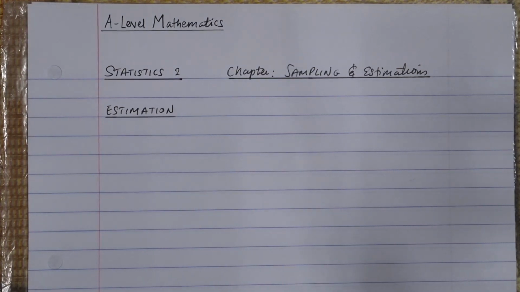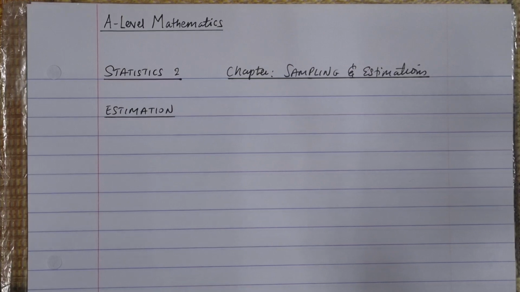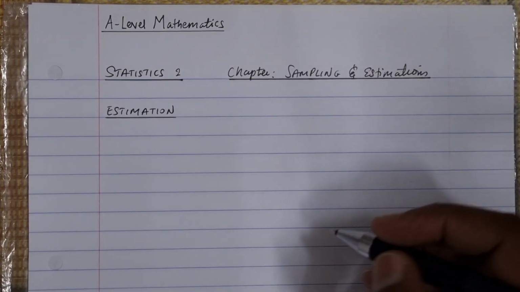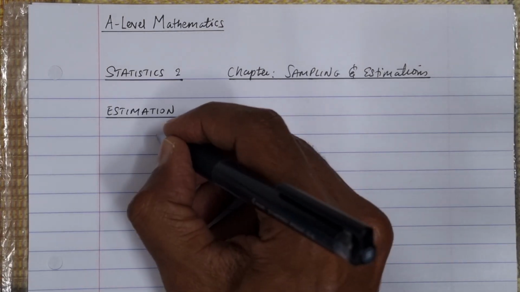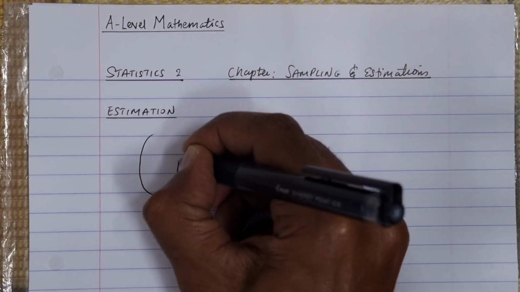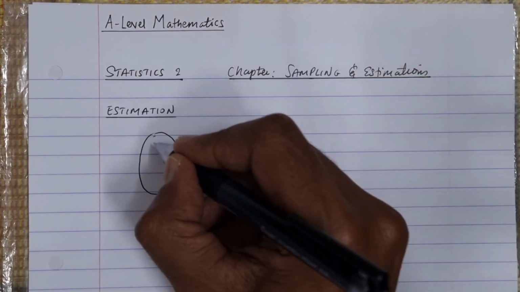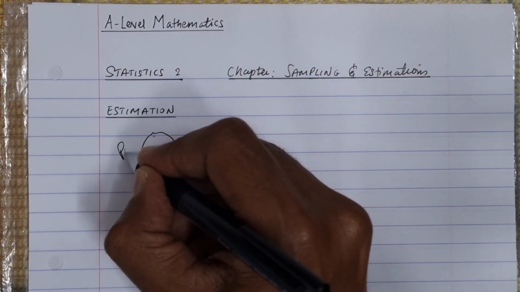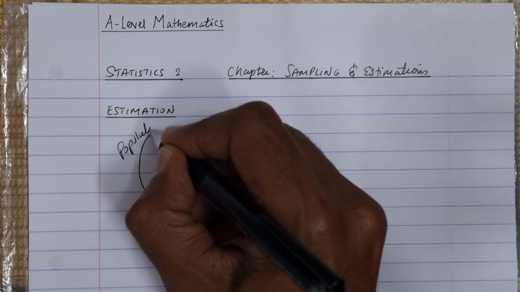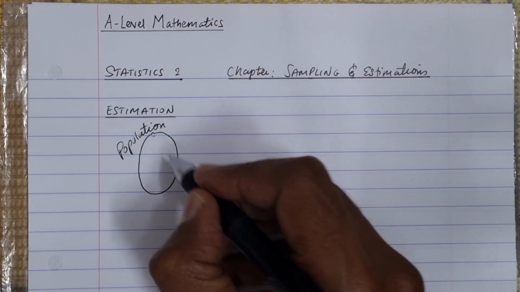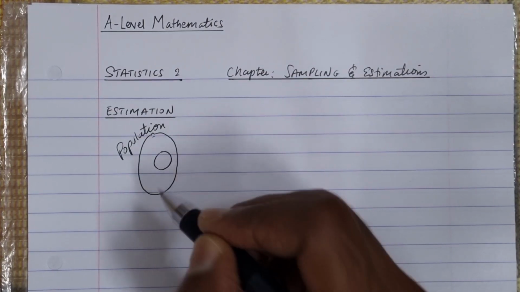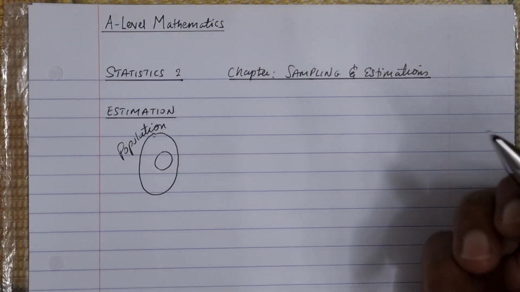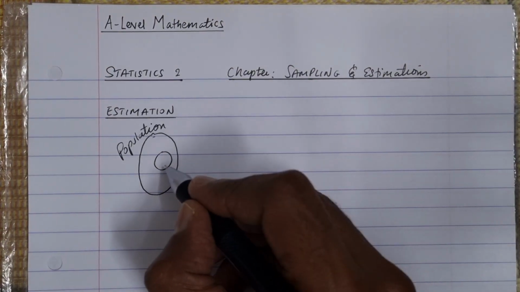And where do we get our observations? As is always the case in statistics, you may have, let's say, a population. Here's the population. Now, from this population, a portion of people, items, or maybe animals, depending, is taken.